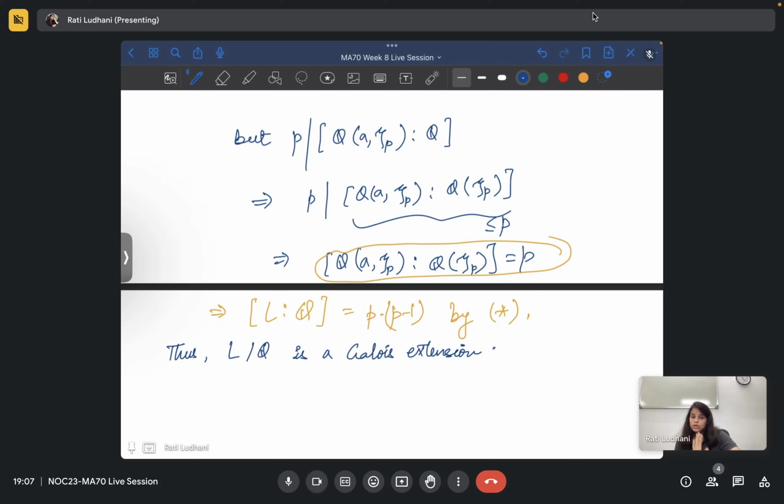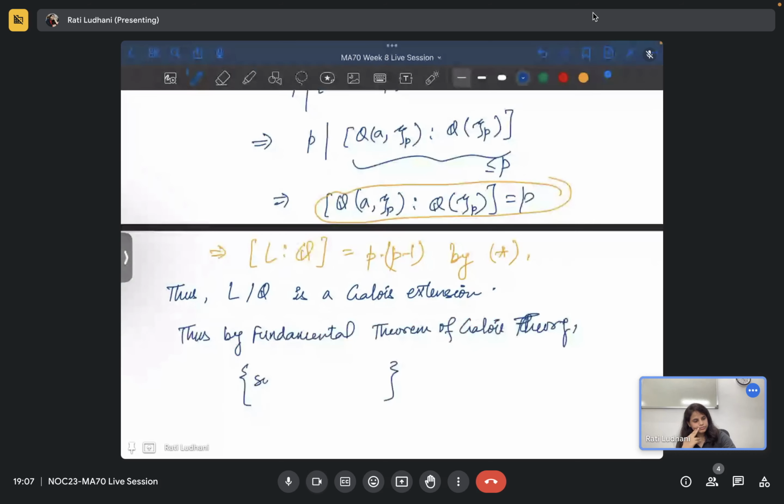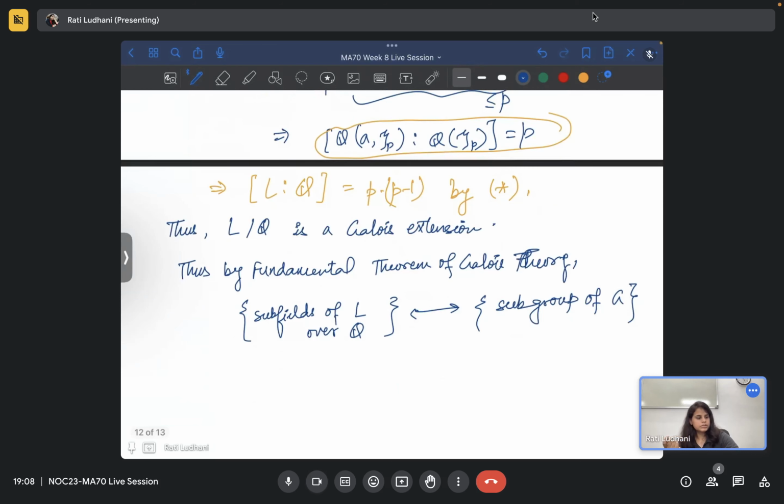Okay. So now we have, by the fundamental theorem of Galois theory, a 1-1 correspondence between subfields of L over Q and subgroups of G. And how does one go from the one to the other?